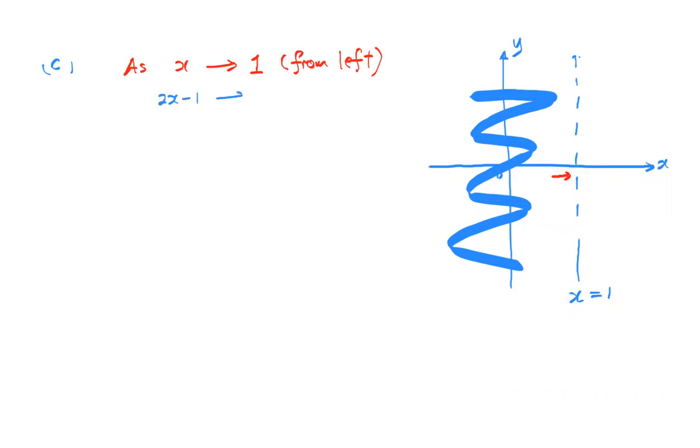If you put your x at 0.99999999, then 0.999999 minus 1, you will get negative 0.000001, so it will approach 0 from the left, but negative. Am I right? Are you okay?